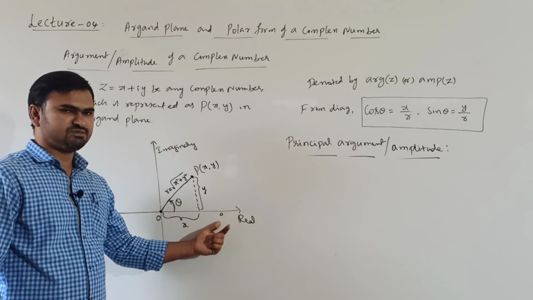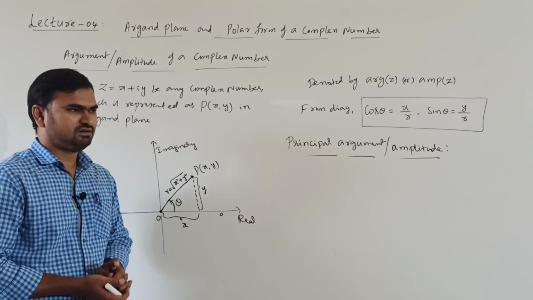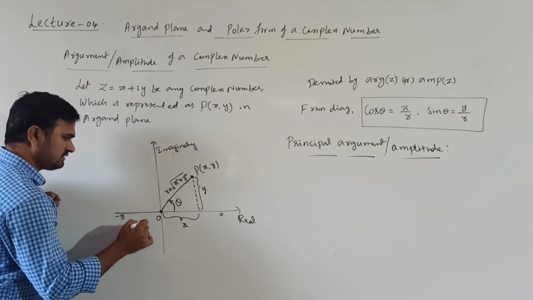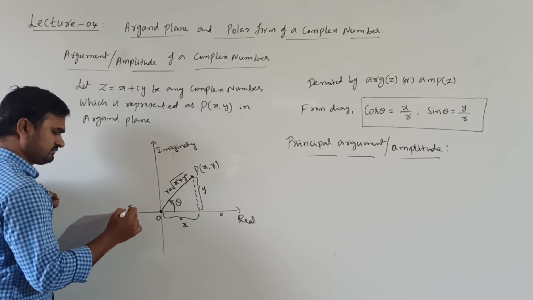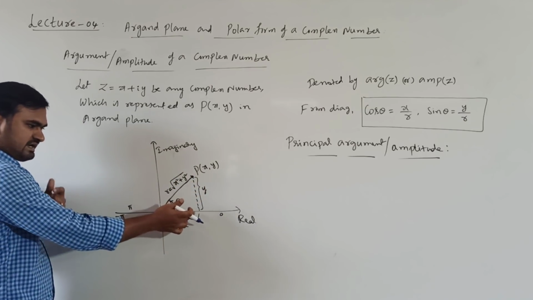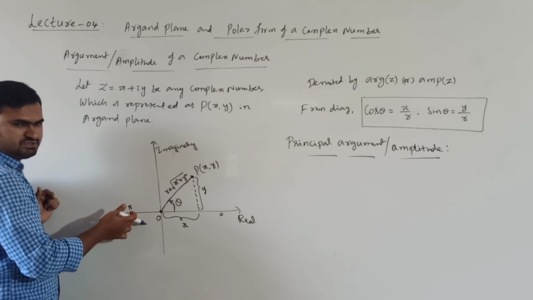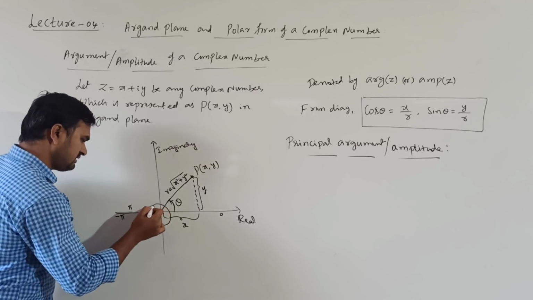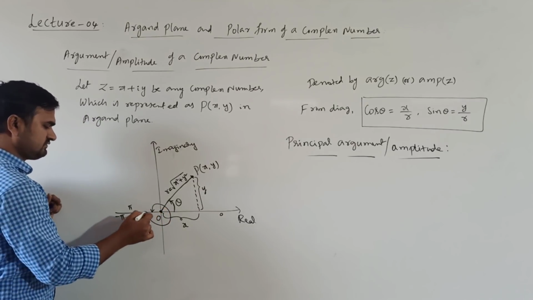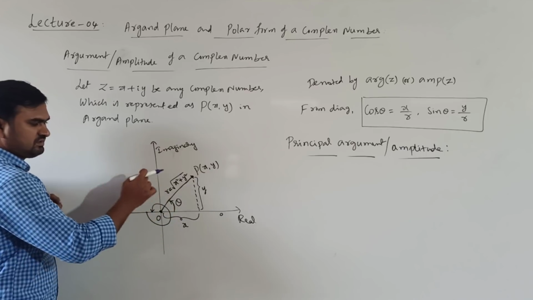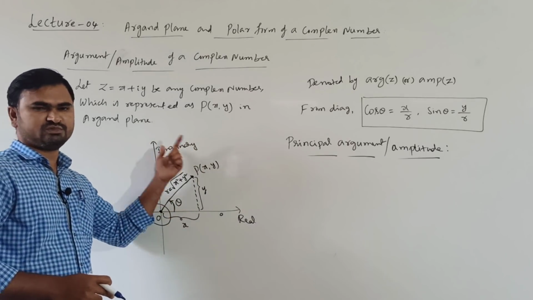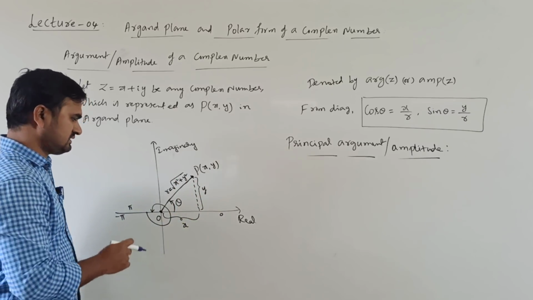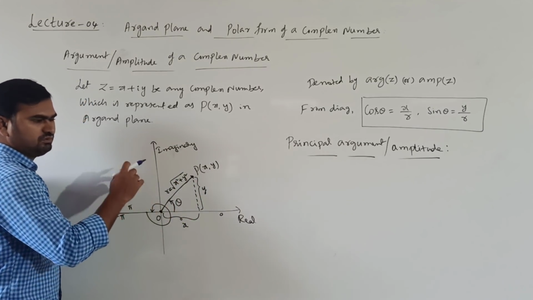But here for the principal argument we have to take the angle from minus pi up to pi. Minus pi means we are going in the clockwise direction, so from 0 up to here it is minus pi. So we take from minus pi up to pi. If you observe, here also we are taking all the angles from the 4 quadrants, one complete revolution, starting from minus pi up to pi.